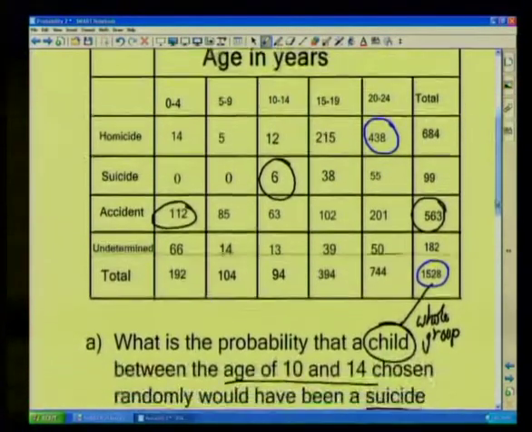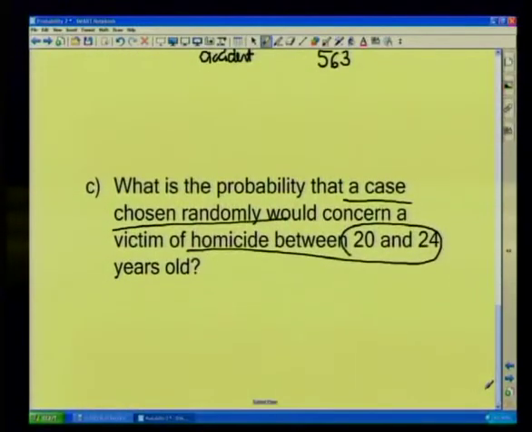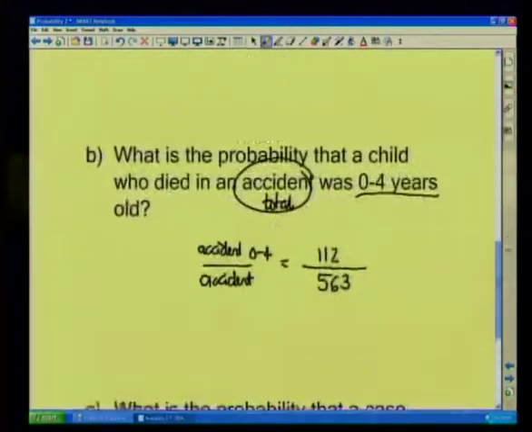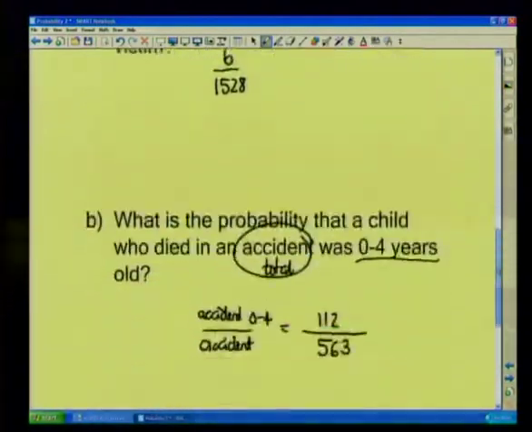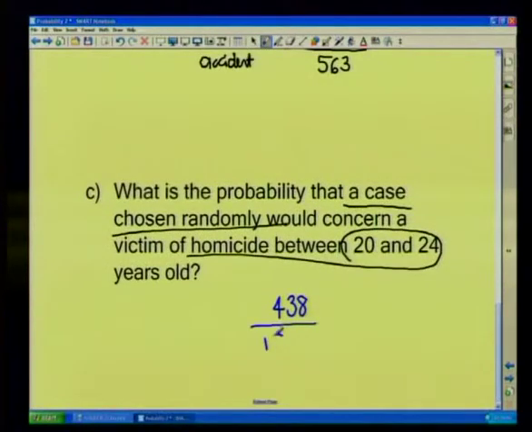So 438 out of the whole group, which was 1,528. Okay, and again, you could simplify that.